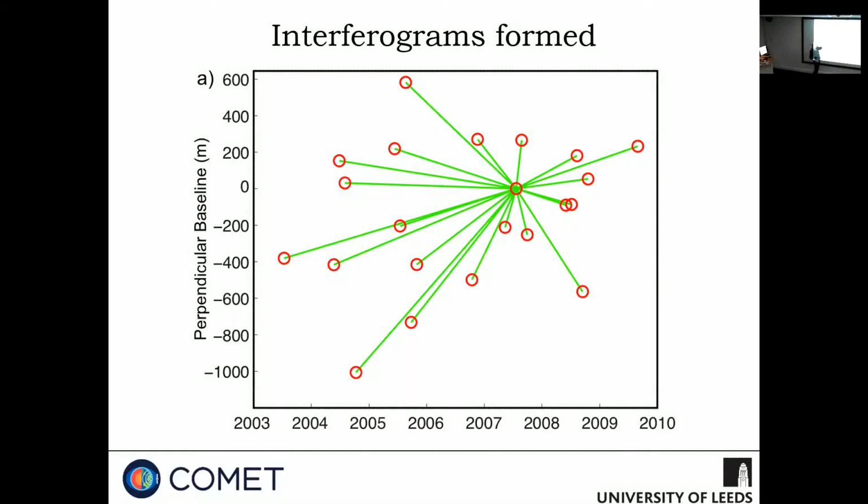Each of these red circles represents one image. This is the primary image here in the middle, and each of these green lines represents an interferogram. So what you end up with in terms of the phase is the phase difference between each of the pairs. As I mentioned before, for the PS approach, all of these use one primary.